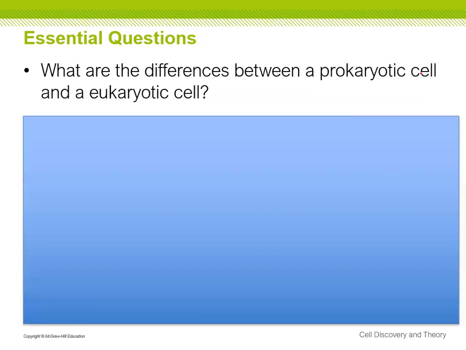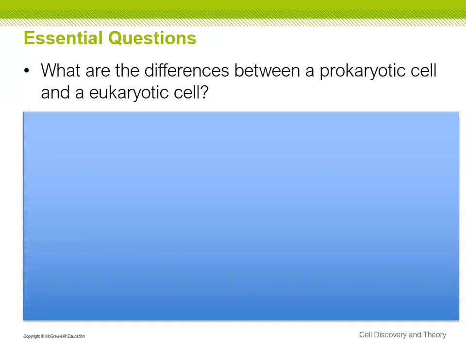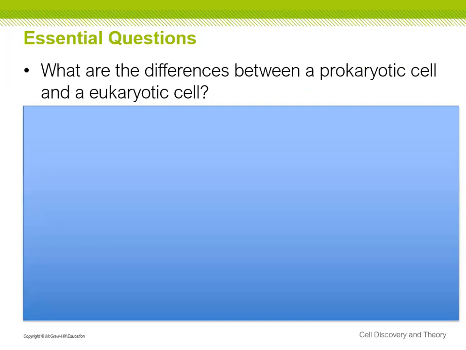And then finally, last one, what's our difference between a prokaryotic and a eukaryotic cell? So there's primarily three of them. So one, size, can you remember which one of them is bigger?